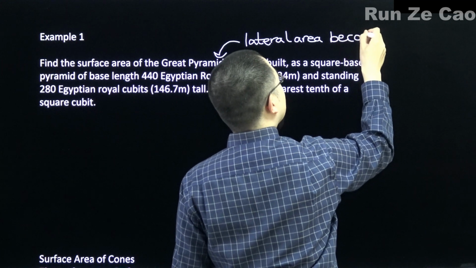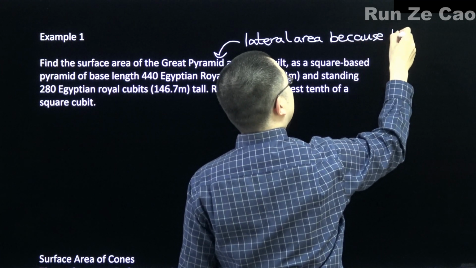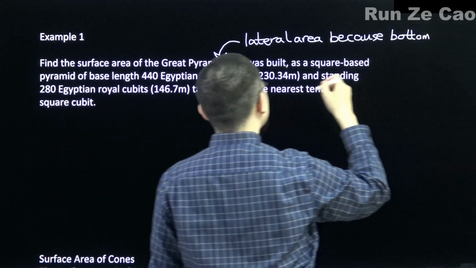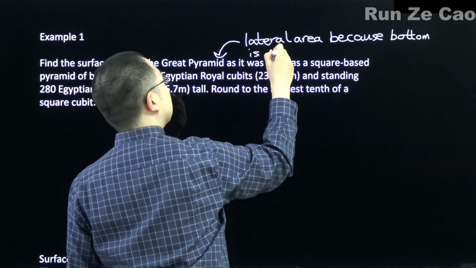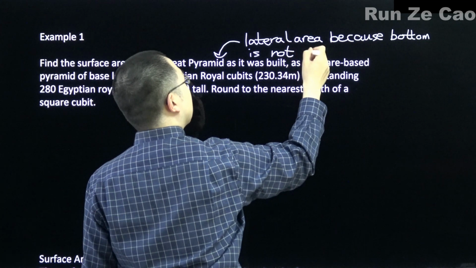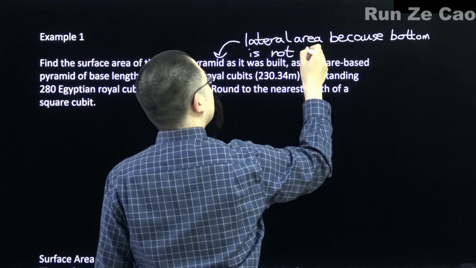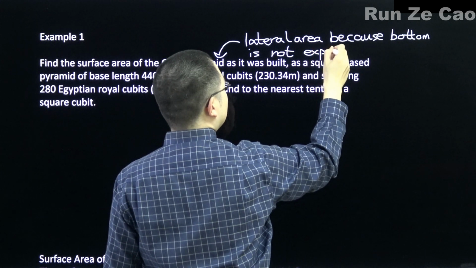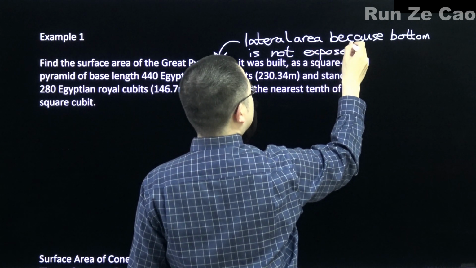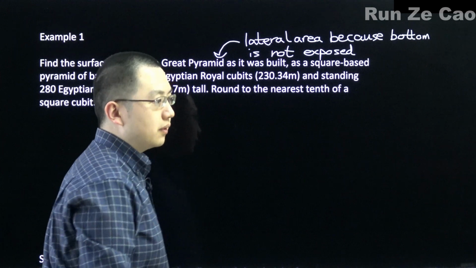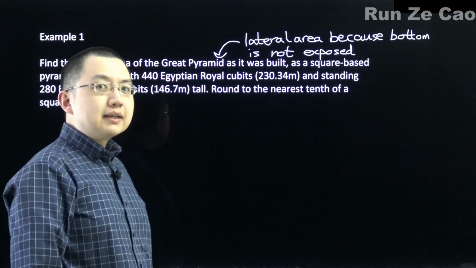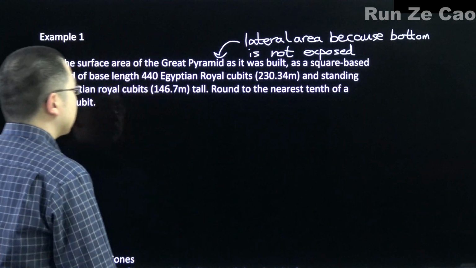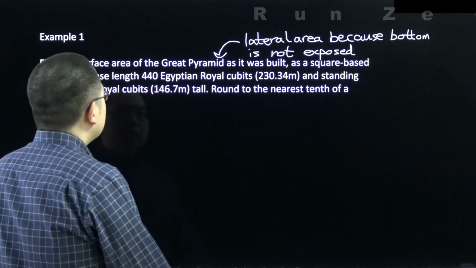Because the bottom is not, it's not surfaced. It's not exposed to the surface. Right? Well, actually, we'll just do both just in case. Because why not? It's easy to add the base.